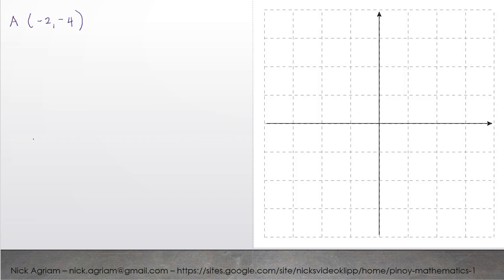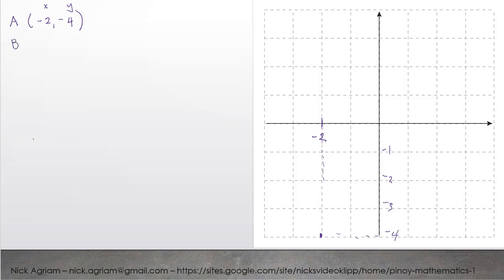When we write our ordered pair, we always write first the x value, the x coordinate, and then comes the y coordinate. So when I have -2, x is -2, here it is, and then y is -4, here it is. Why? Because this is -2, and this is -1, -2, -3, and -4.